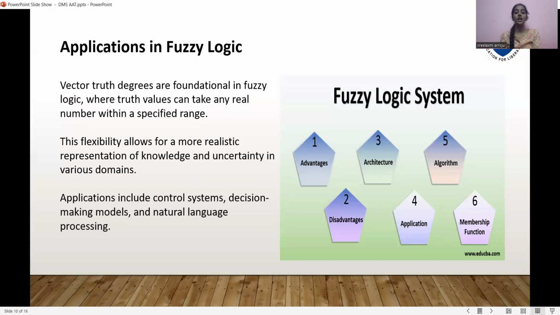Applications include control systems, decision-making models, and natural language processing. Fuzzy logic system: advantages, disadvantages, architecture, algorithm, application, membership function.